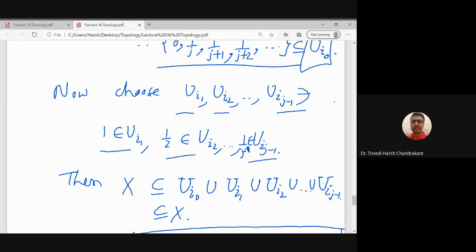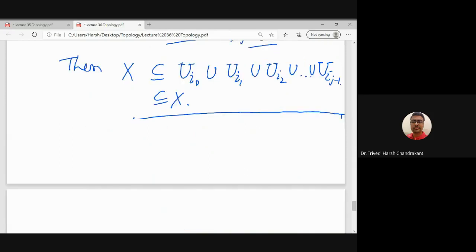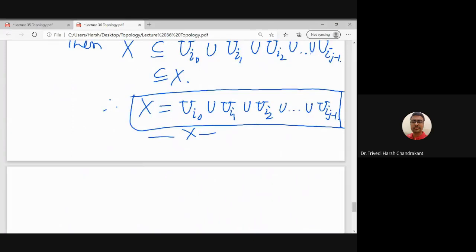So now we have chosen j-1 open sets, and along with U_i0 we have a total of j open sets. These j open sets contain all the points of X, and on the other hand these U_i's are subsets of X, so therefore their union is a subset of X. So finally we get X equal to the union of finitely many open sets.